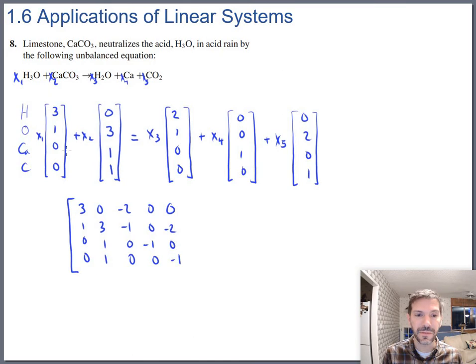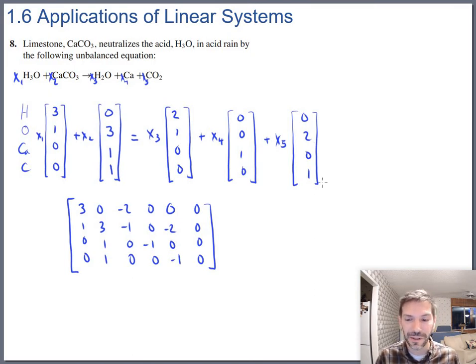And keep in mind when you move everything to the left-hand side of the equation, there's nothing, or 0. So I'm going to just put a column of zeros on the other side. I've got another homogeneous system of equations, an augmented matrix with zeros on it. And when I solve this, I will get the amounts x1, x2, x3, x4, and x5 that balance this equation. It may be that they come out as decimals, and I may have to multiply by some constant to get whole numbers, but let's find out what happens.